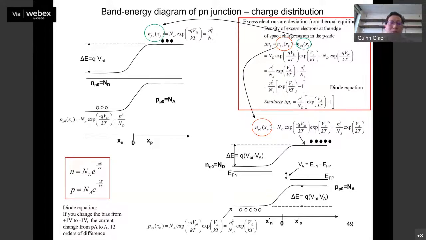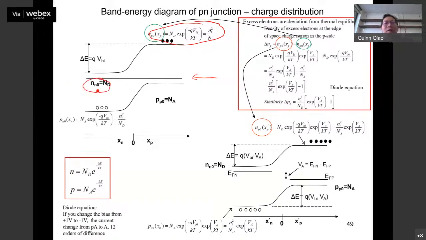What I'm going to show here is when the diode is not open, the diode is closed, right? There's no current flow. You see that, right? You see inside, EFN, and the right side will be EFP. They are aligned, right? And then how much current density on the P side, and how much current density on the N side. You see this, right?